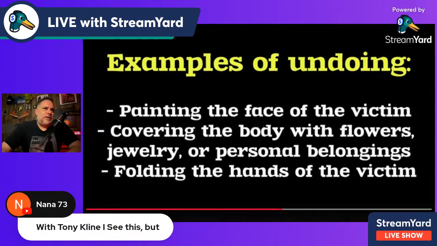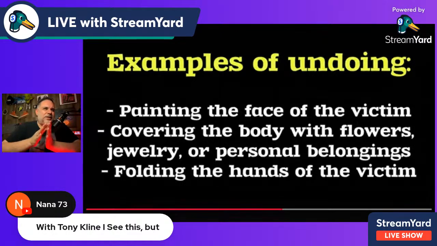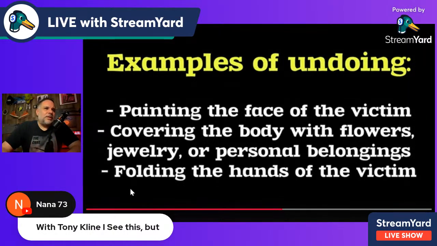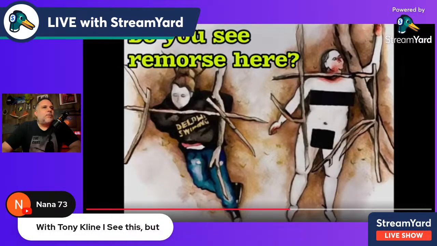And we have here a couple of examples of undoing. Painting the face of the victim, covering the body with flowers, jewelry, or personal belongings, folding the hands of the victim. Folding the hands of the victim could be similar to the way Abby was placed. Her hands were kind of folded, so that could be consistent with undoing, right?